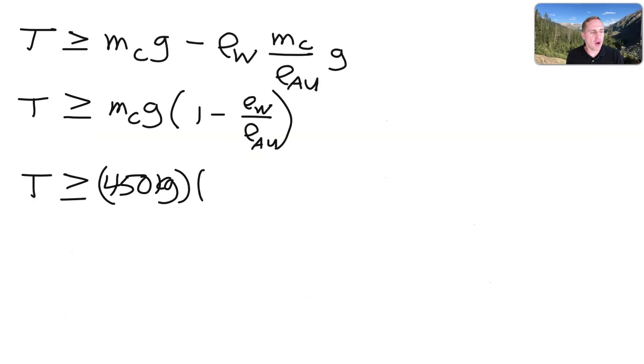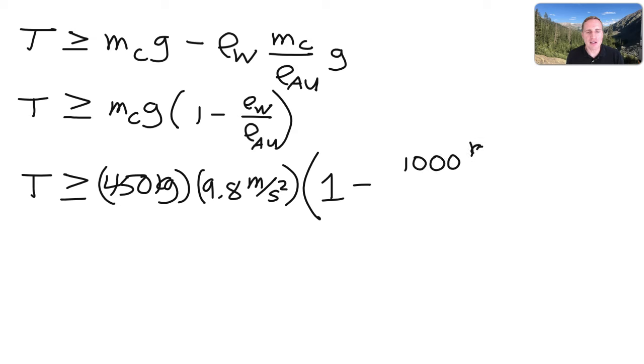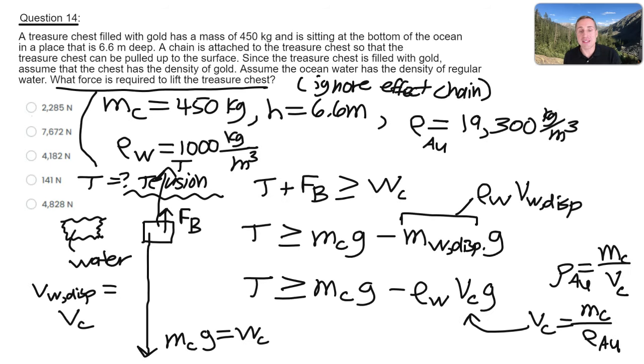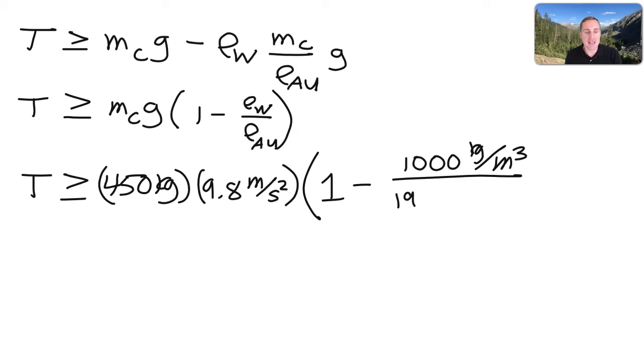G, we always know, close to the surface of the Earth, is about 9.8 meters per second squared. Then we're going to go 1 minus, now the density of water we know to be 1,000 kilograms per meter cubed. And the density of gold, we looked that up earlier, 19,300 kilograms per meter cubed.